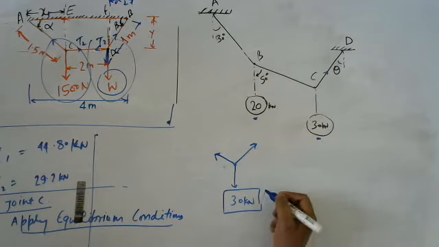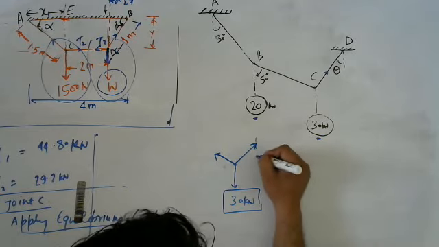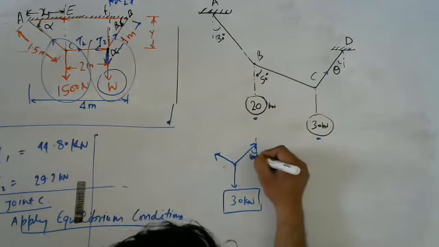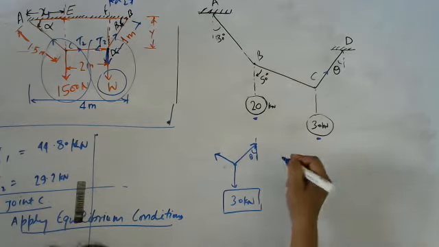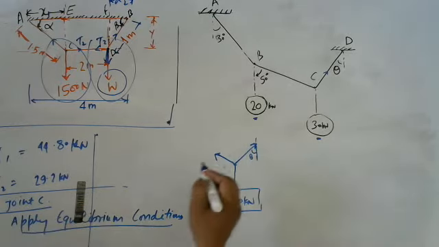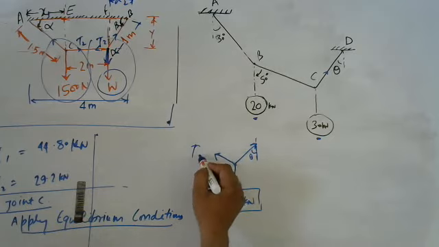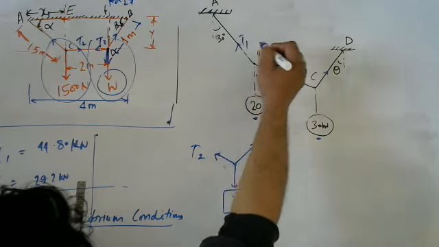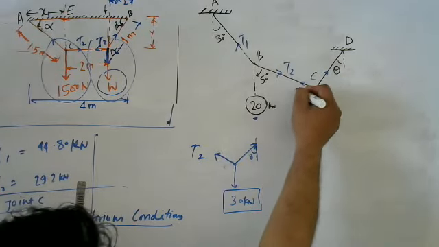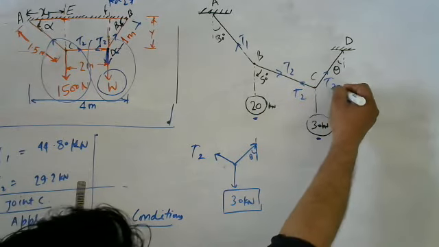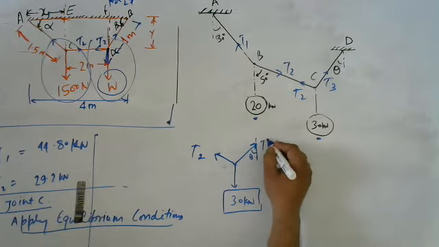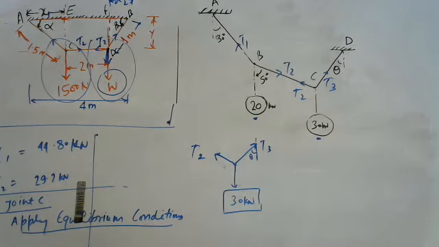This is 30 kilonewton, and let us assume this angle is theta. This is the T2 force. Already assumed T1, T2, so this will also be T2, and this is T3. So T3, T2, and W of 30 kilonewton.